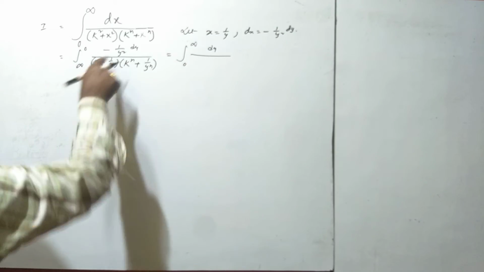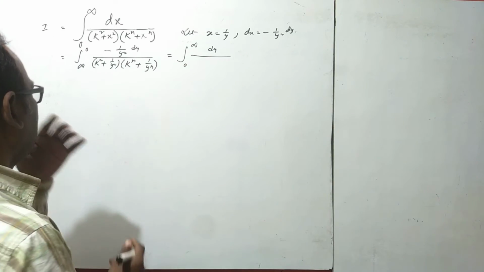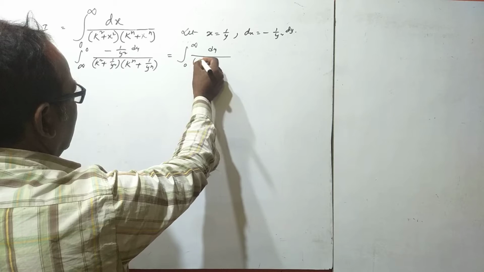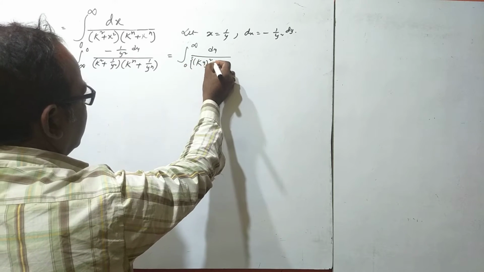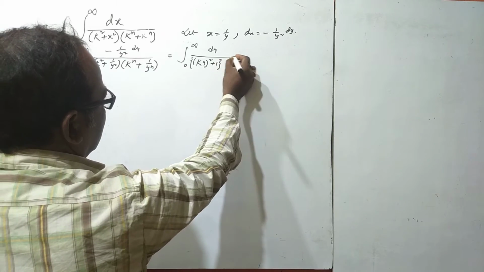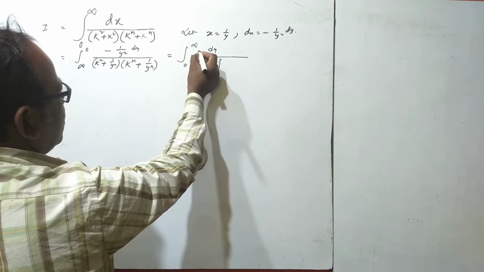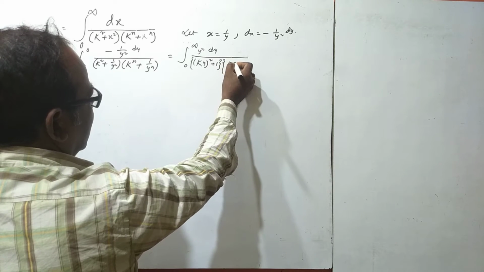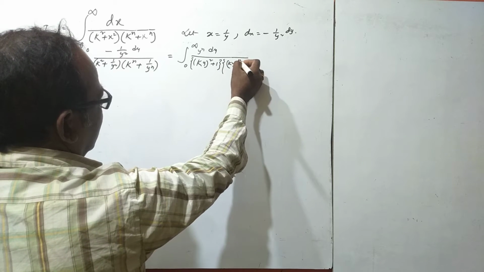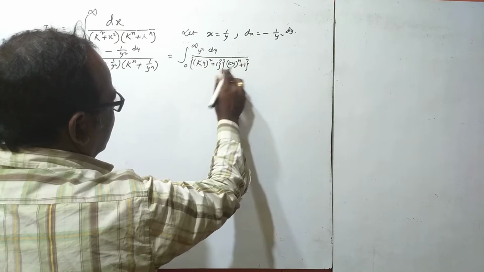Take LCM y square and balancing by y square cancels out, so we get ky whole square plus 1, and for the other factor, if we take LCM, then y to the power n here, and this is ky to the power n plus 1.